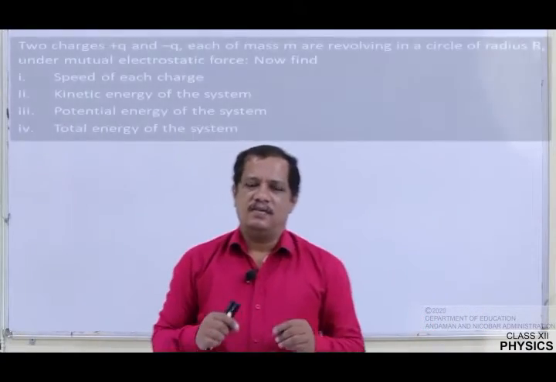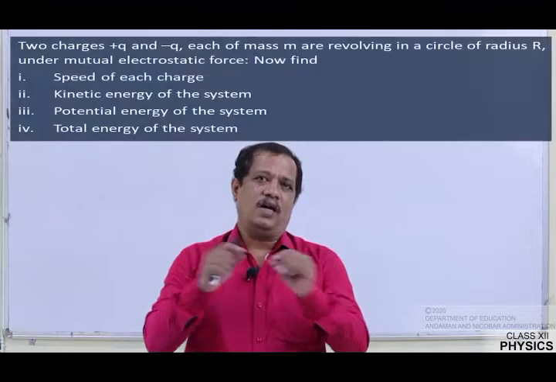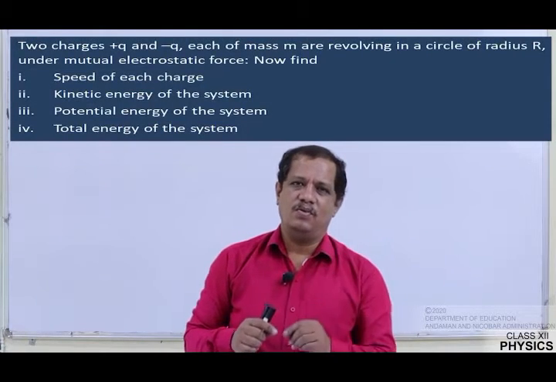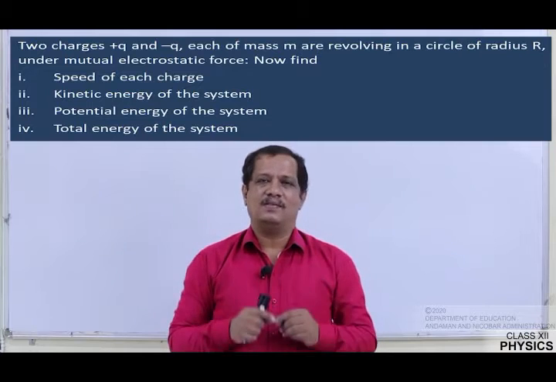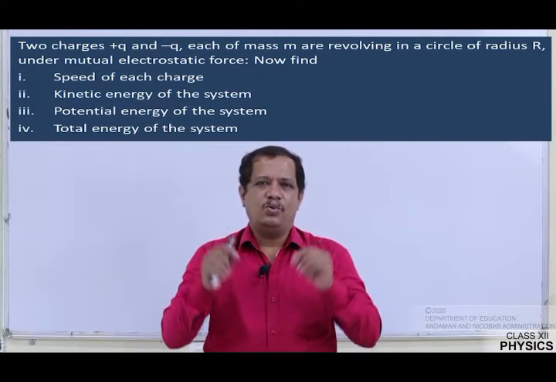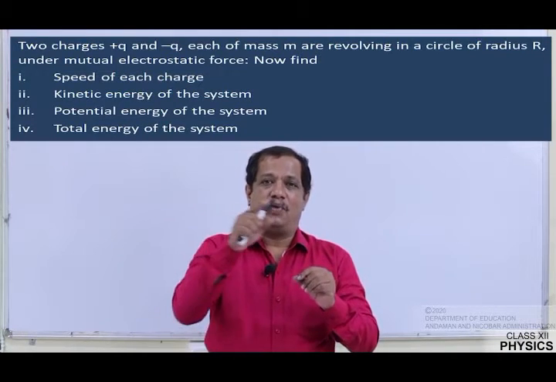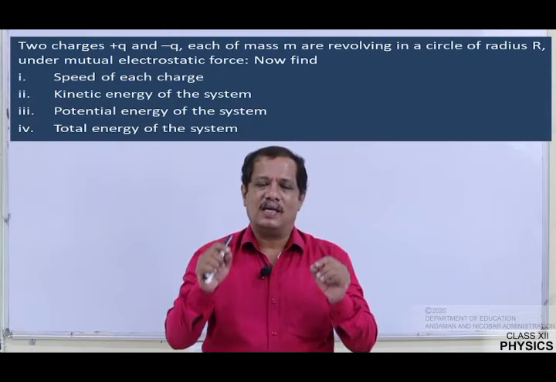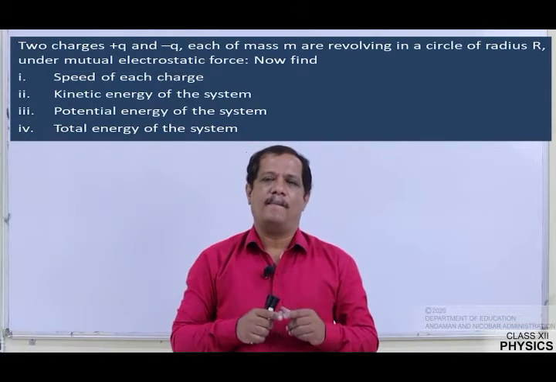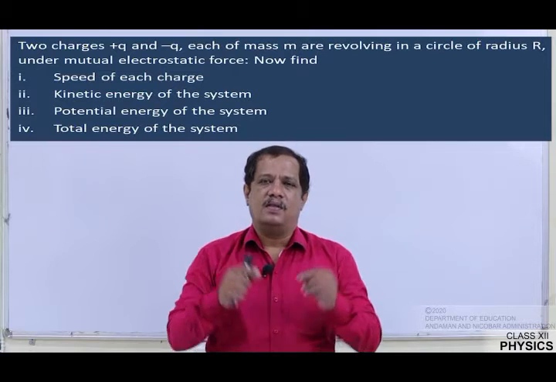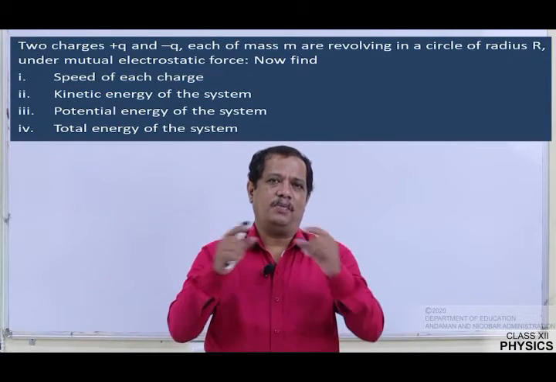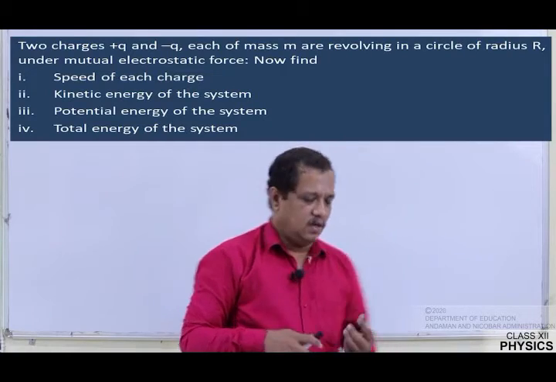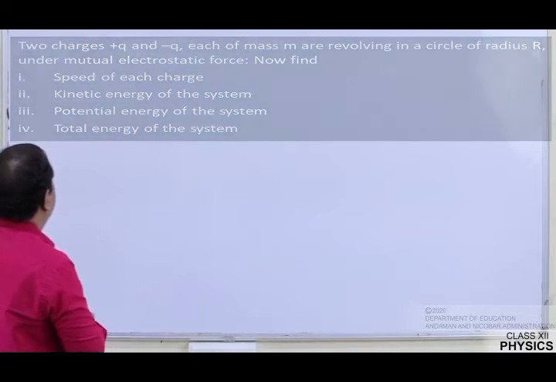The problem is, I have two charges, one minus q, the other plus q. Both have equal masses. The two charges are revolving around a circle of radius r. The electrostatic force behaves like a centripetal force. Let me put the problem in a diagram.